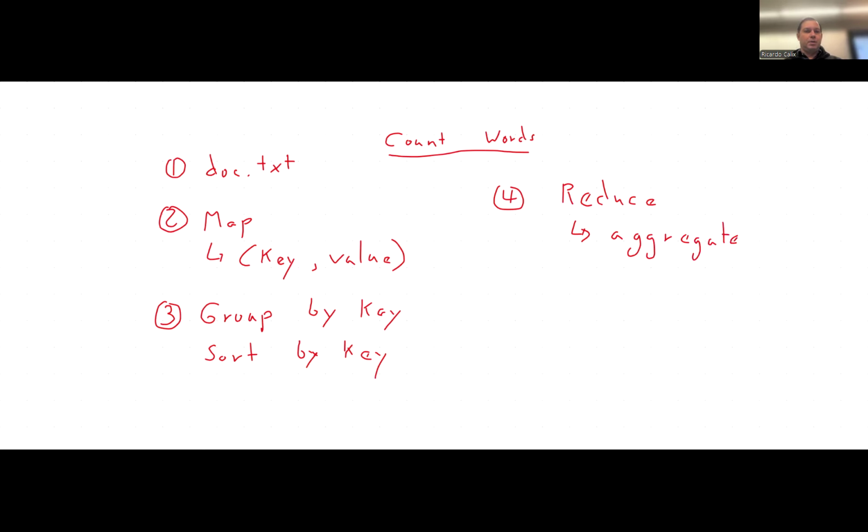So I'm going to create a new page. We have key value pairs. We have key, value.